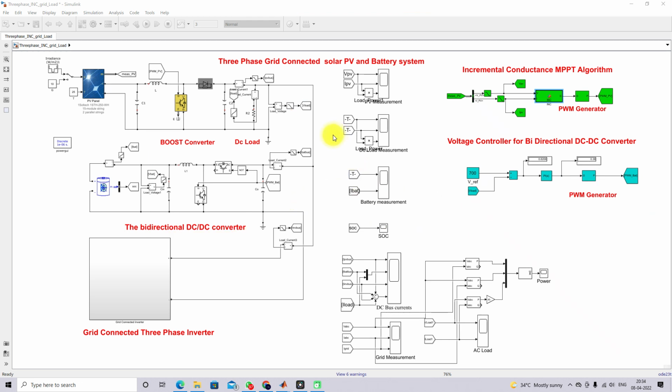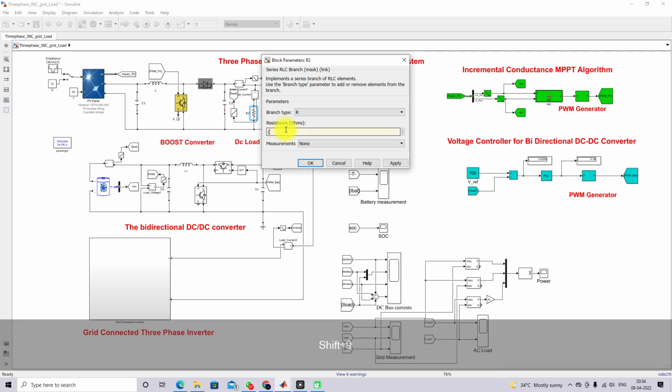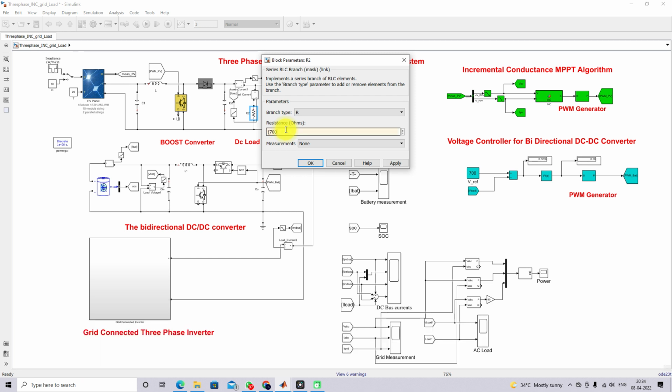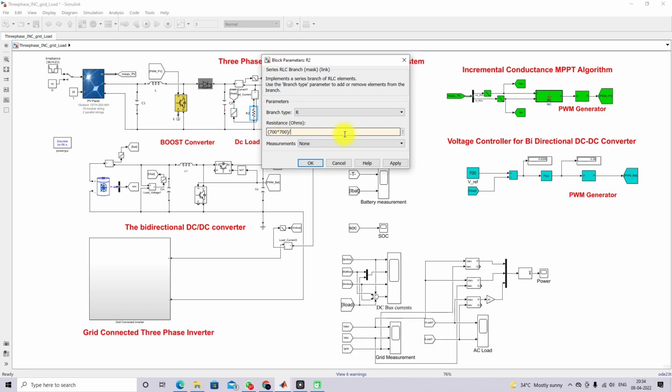So next we have to check the results. Here I am going to fix the DC load power. Okay, so here the DC link voltage is 700, divided by the power rating.